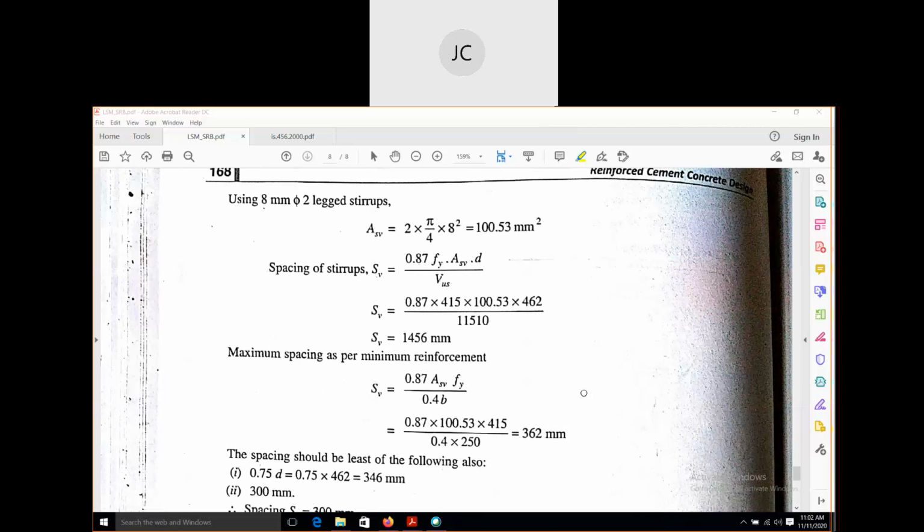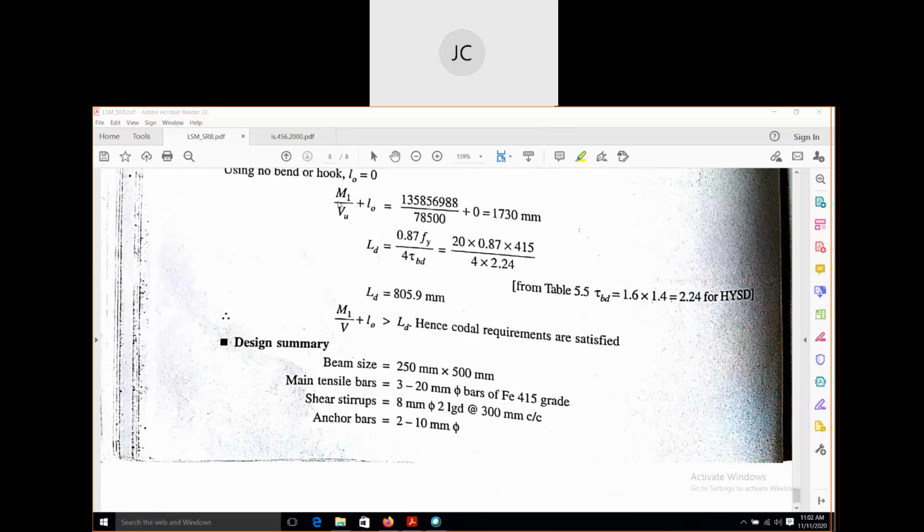But finally what we have to do, we have to write down the design summary. After designing the beam, after doing all the calculations, we have to write down the design summary. That means what is the beam size, what are the main tensile bars, that means how many bars you are providing in the tension zone. In this problem, it was 3 numbers of 20 mm diameter bars.